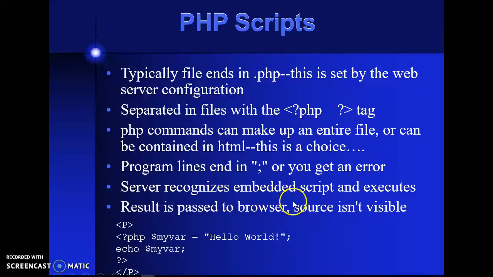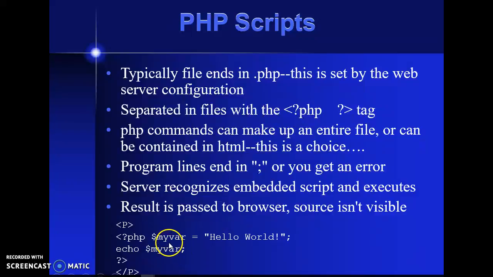The server recognizes the embedded script and executes it. The result is passed to the browser. The source isn't visible. Why? Since it is server-side scripting, the source code will be in the server and only the result will be sent to the browser. Here there is an example of PHP.